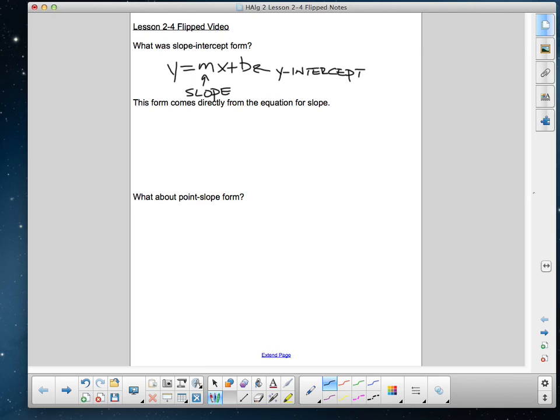This form comes from the equation that we have for slope. That equation is m equals y2 minus y1 over x2 minus x1. One thing I'm going to have you do on your whisk, which you'll see later, is I'm going to ask you to rearrange this to make our equation for slope-intercept form.